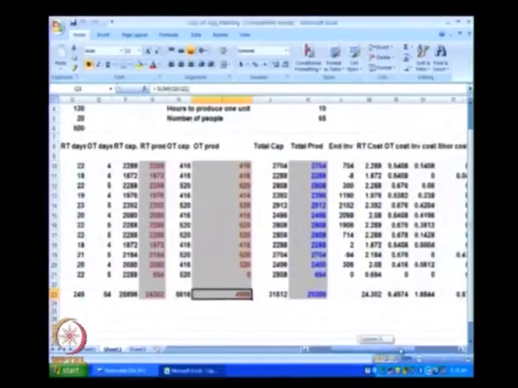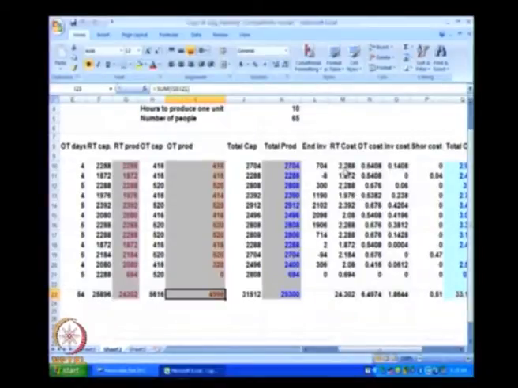So, for the month of February, regular time cost is 1.872 lakhs, which is 1872 units into 100 rupees. Overtime cost is 0.5408 lakhs, which is 416 units into 130 rupees.